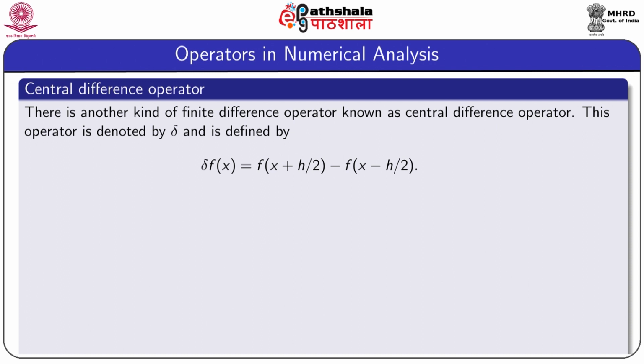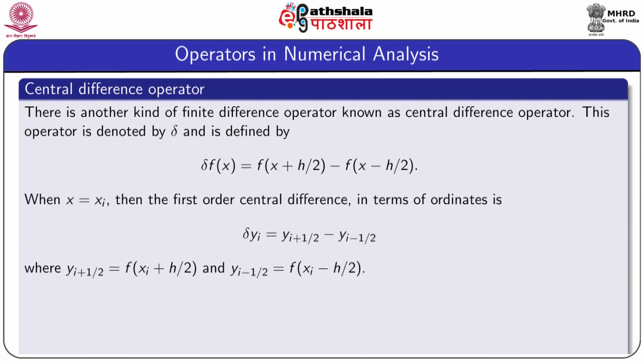Note that in this case x is the middle point, and h by 2 and minus h by 2 represent the right hand and left hand length of the point from the middle position x, and it is also noted that the length of the interval is h.